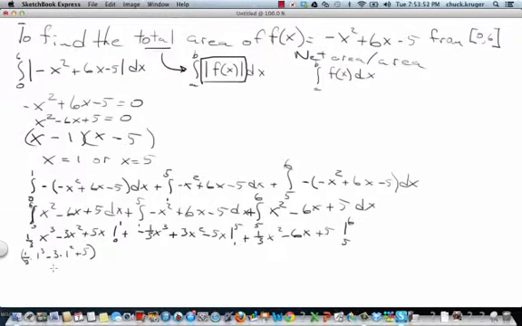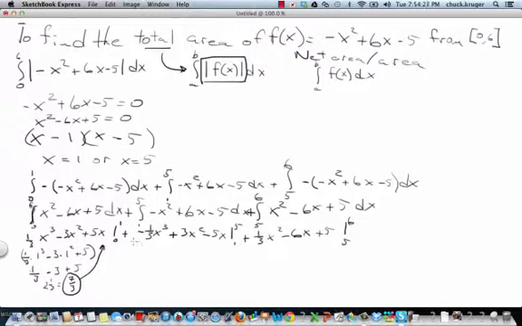So I'm going to have 1/3 minus 3 plus 5, and that's going to give me, let's see, 2 1/3, and 2 1/3 is 7/3, so I'm going to have 7/3 for this integral right here, and I'm going to save that, and I'm going to do this one, and I know I'm going to add them.